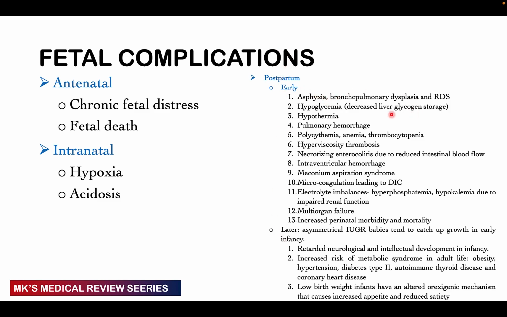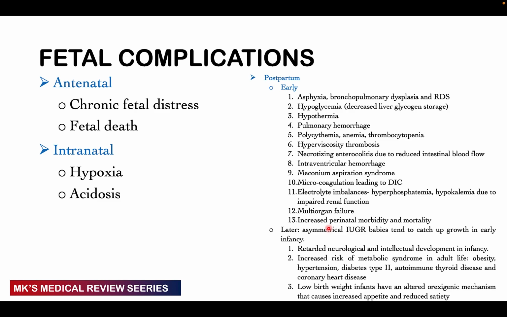Early include asphyxia, bronchopulmonary dysplasia, and respiratory distress, hypoglycemia because of reduced glycogen stores, hypothermia, pulmonary hemorrhage, polycythemia, anemia, thrombocytopenia, hyperviscosity, thrombosis, necrotizing enterocolitis because there's a reduction in intestinal blood flow, intraventricular hemorrhage, meconium aspiration syndrome, microcoagulation leading to DIC, electrolyte imbalances like hypophosphatemia and hypokalemia, which is due to impaired renal function, and multiple organ failure, and this causes an increase in perinatal morbidity and mortality.